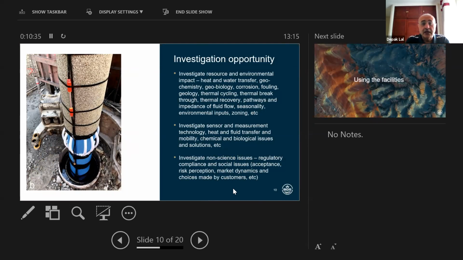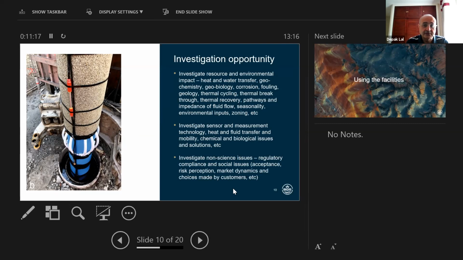Investigate the resource and environmental impact, heat and water transfer, geochemistry, geobiology, corrosion, fouling, geology, the impact of thermal cycling on the subsurface, thermal breakthrough, where basically you've saturated the ability to either inject heat or take heat out of the system, how long the system takes to recover from anything that you do, the pathways and impedance of fluid flow, seasonality, the impact of seasonality on the amount of energy in the system, environmental inputs and zoning.